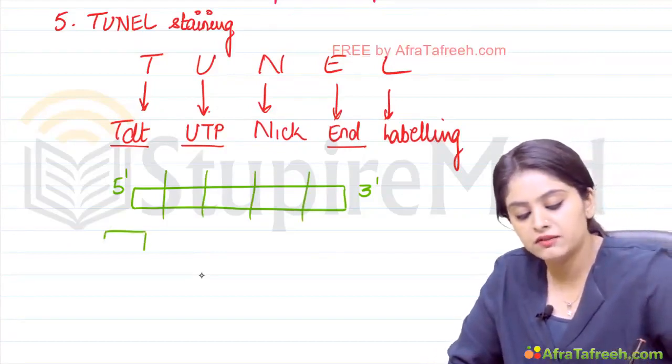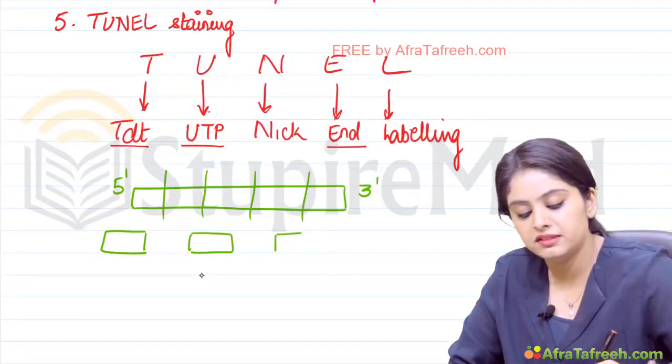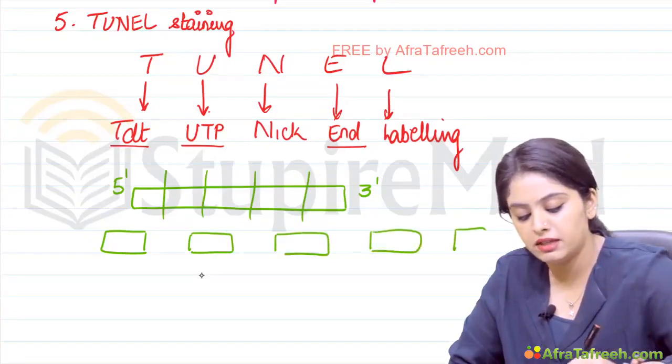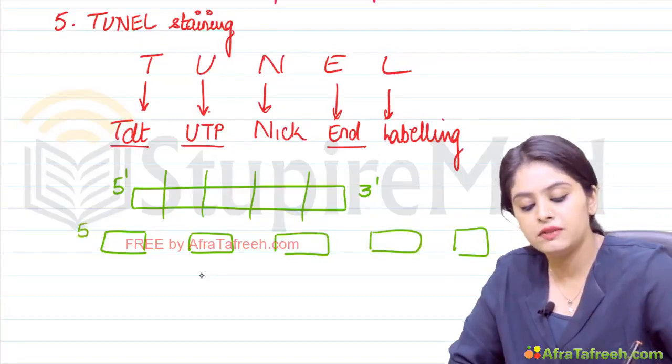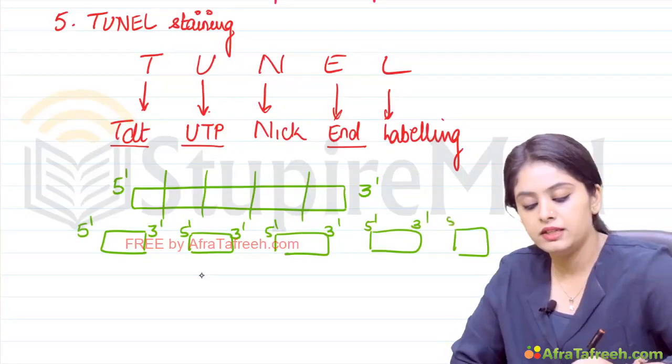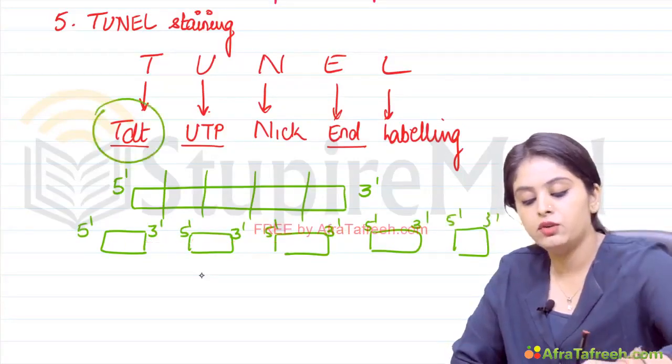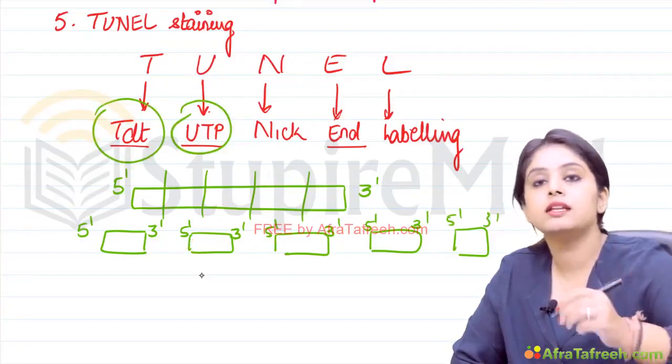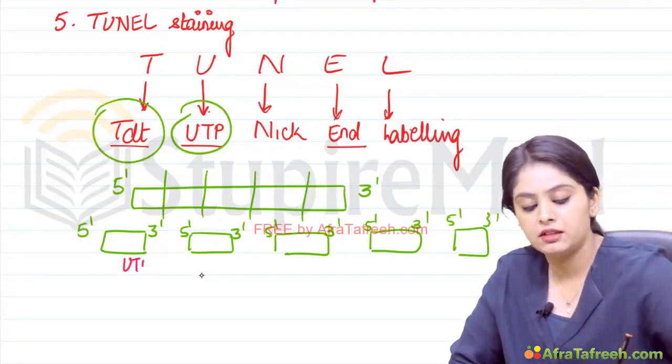So now instead of this one DNA, we have multiple pieces. Each of these will have a 5' and a 3' end. What TdT is doing, it is going to bind UTP at the 3' end. So at every 3' end, it is going to bind UTP.